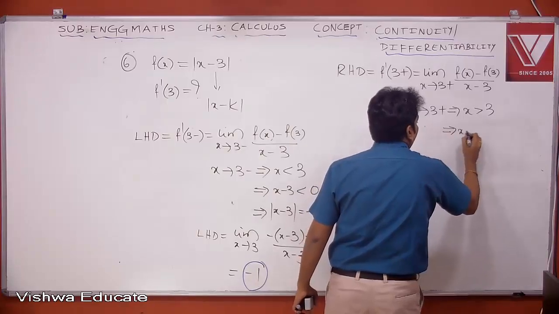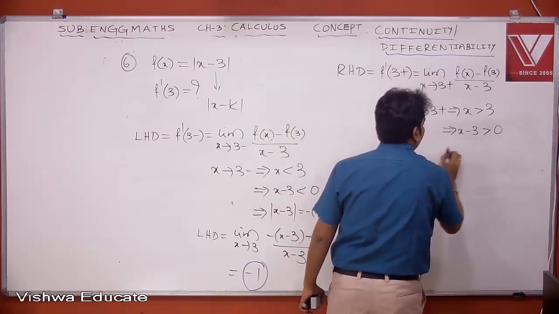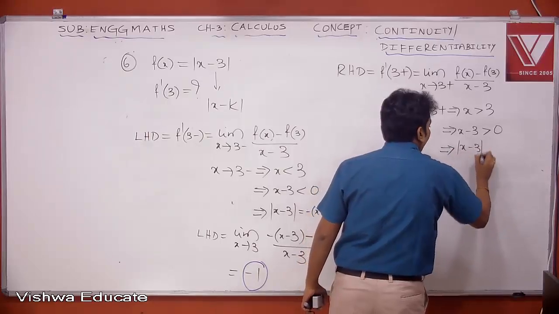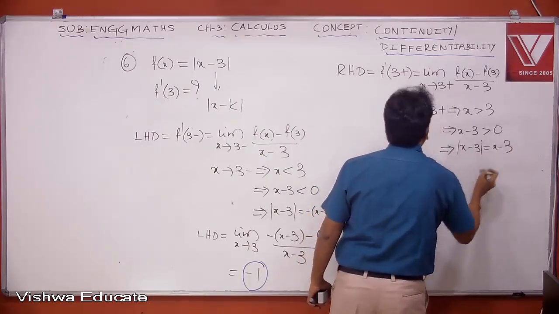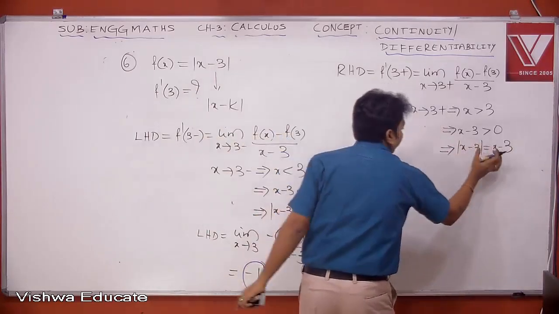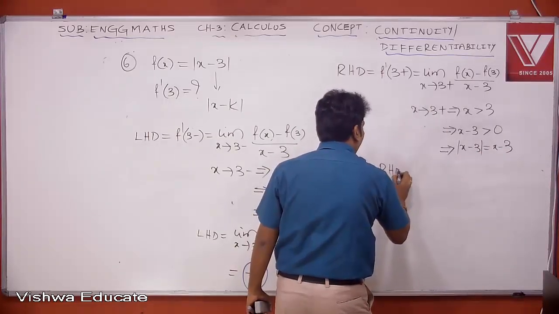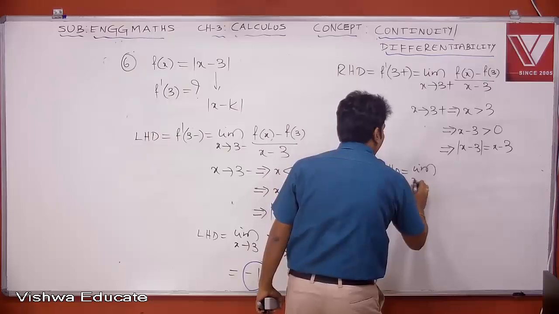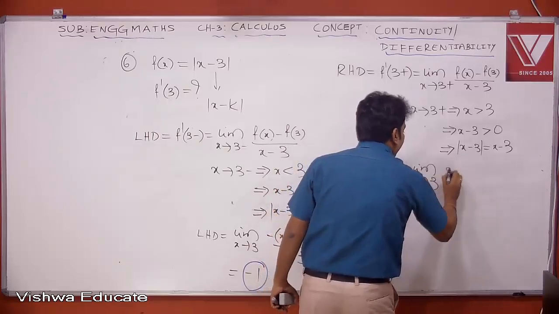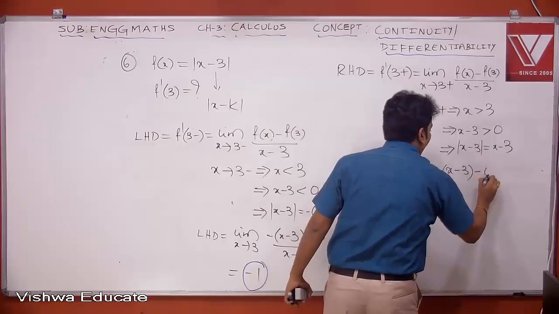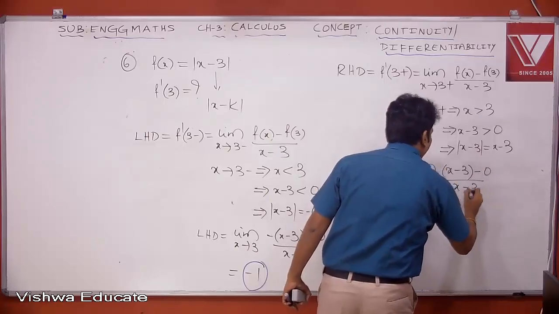When x is greater than 3, x minus 3 is positive. Now it is a positive expression, so its modulus is itself. Therefore, the function f of x is simplified to x minus 3. Therefore, this RHD equal to limit x tends to 3 of x minus 3 minus f of 3, which is 0, divided by x minus 3.